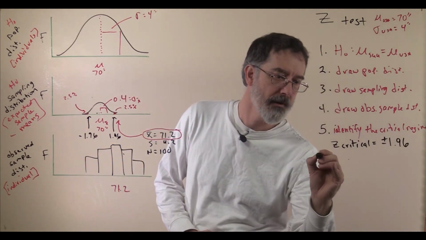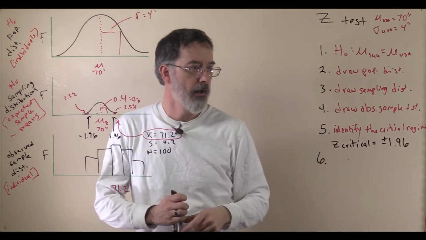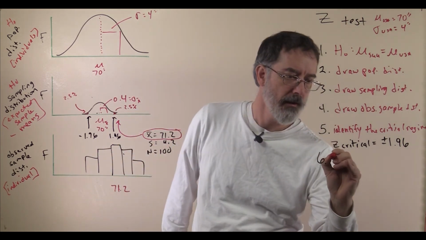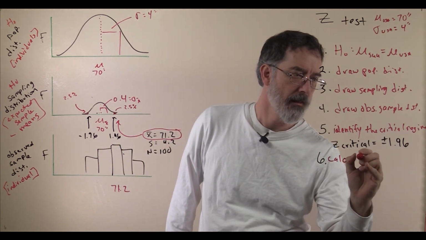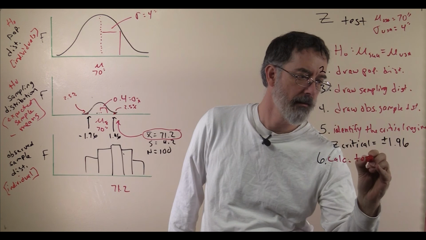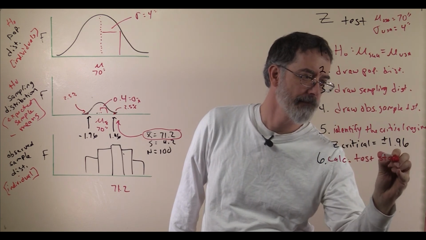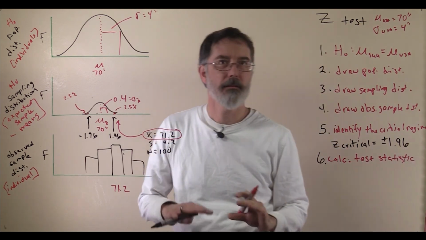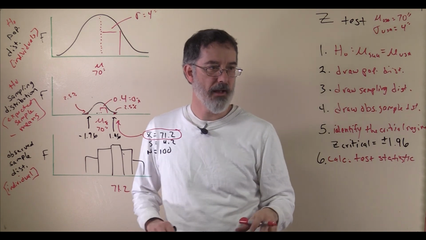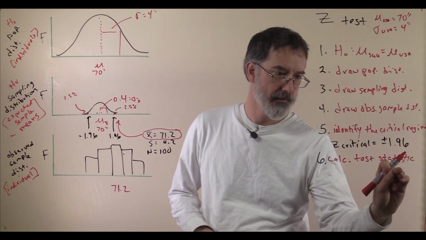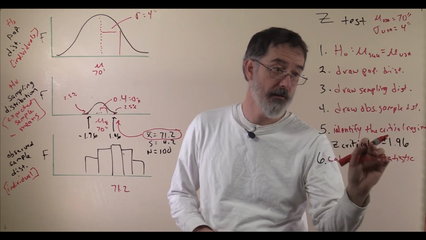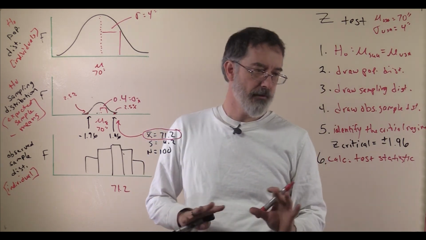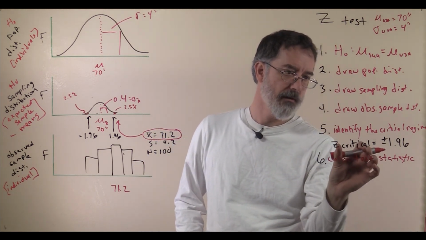The next step will be to calculate the test statistic. All of these inferential tests that we'll talk about will have test statistics and critical values. And for all of them, we'll compare our test statistic with our critical value.